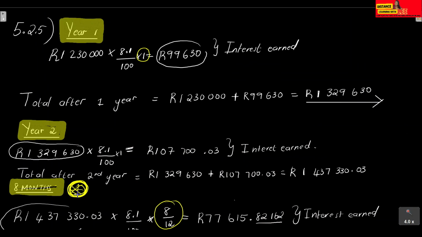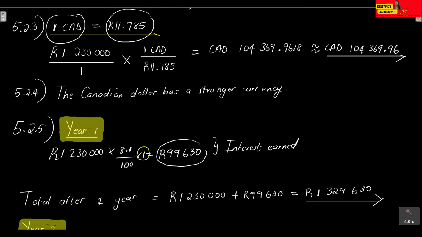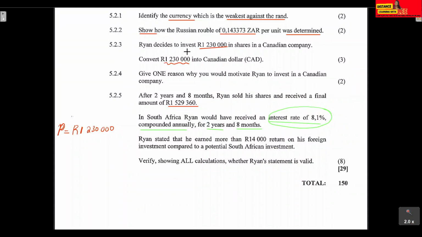So this question is also important, guys. Calculating interest and showing the steps in how you calculate interest is very important, because in this question you need to show all the steps. You don't just use one formula and substitute, but you show how in each year the interest is calculated.